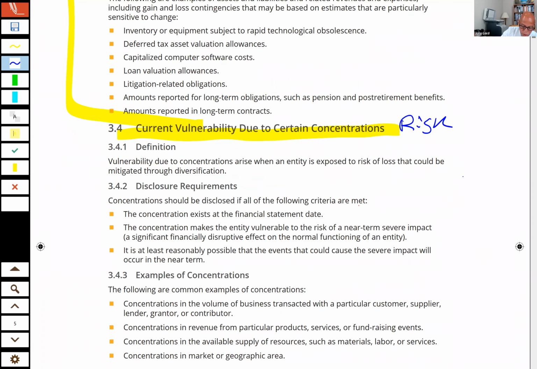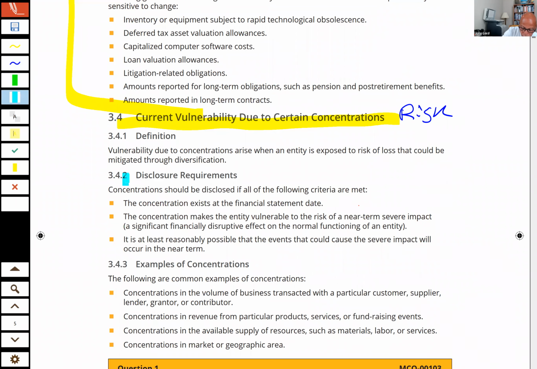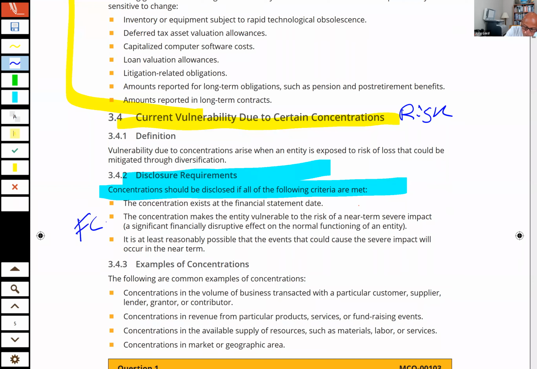And the disclosure requirements relate to concentrations, okay? And concentrations should be disclosed if they meet the criteria here, which I want you to flashcard. The concentration exists. It makes the entity vulnerable to near-term impact, okay? It is at least reasonably possible that the events that could cause the severe impact will occur in the near term.